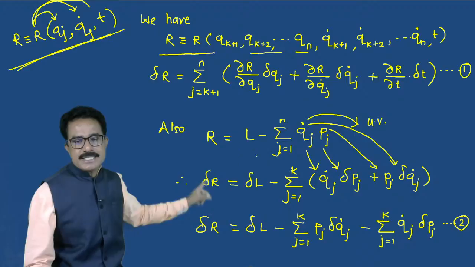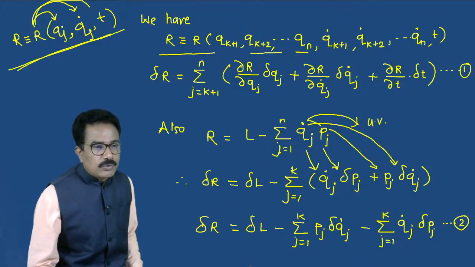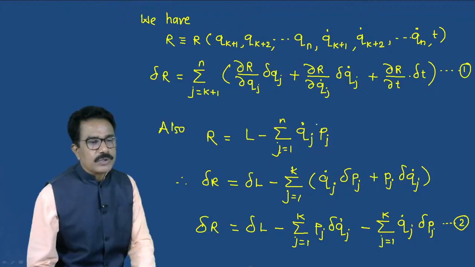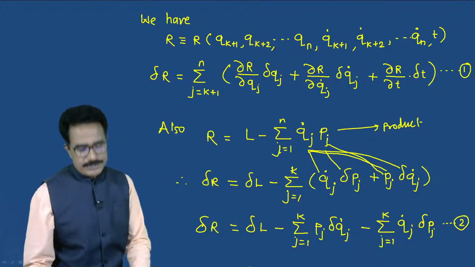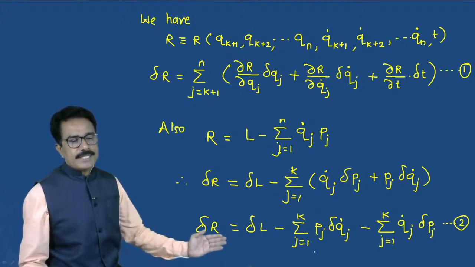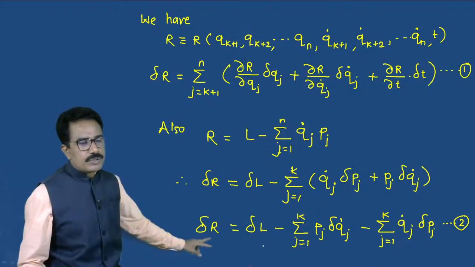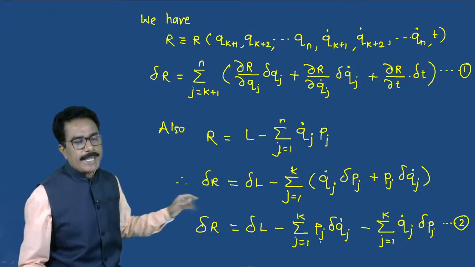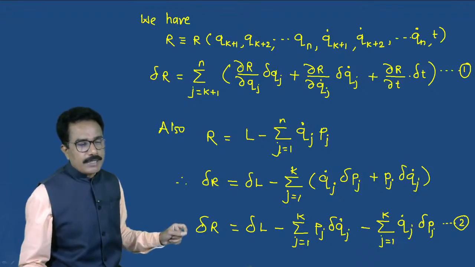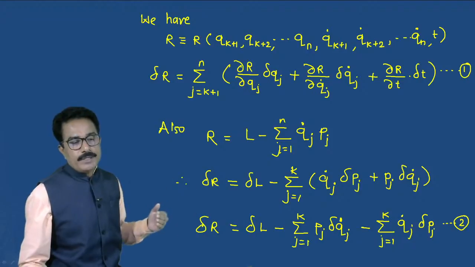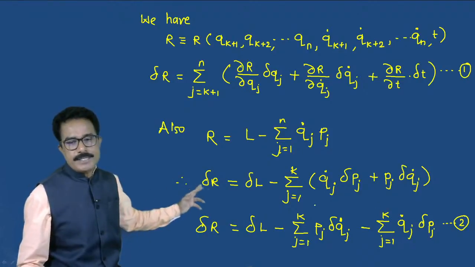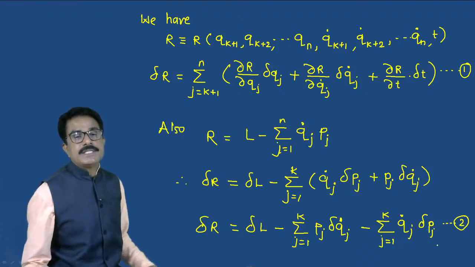So we take the derivative of L, giving delta R, and then we have to take the product rule for pj into qj dot. Product rule means first into derivative of second plus second into derivative of first. In this way we can write the derivative. Now separate this summation. So delta R is equal to delta L minus summation over j to k of pj into delta qj dot minus summation j equals 1 to k of qj dot into delta pj. Separate this summation. Consider this as equation number 2.